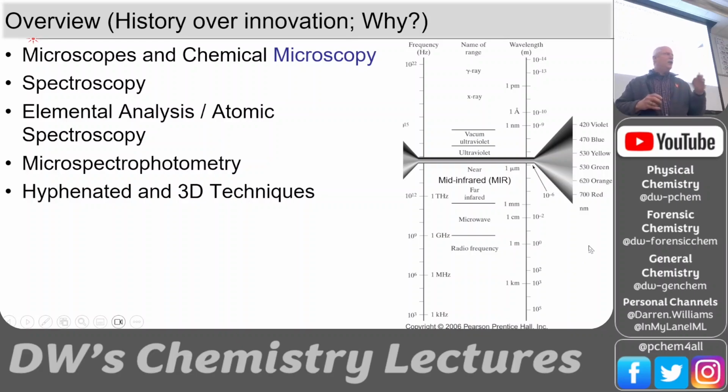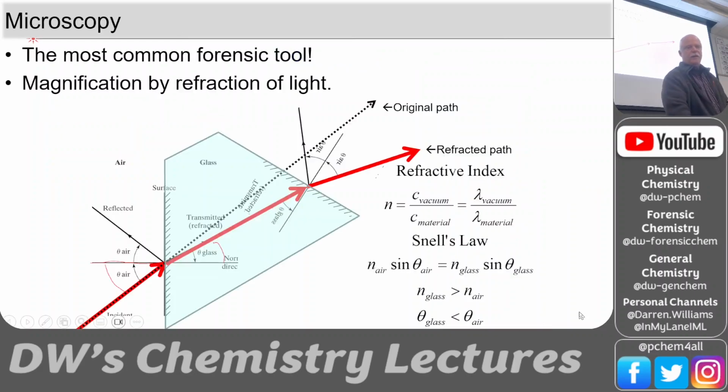We'll touch on spectroscopy, maybe refresh your memory on some of those things. We'll look at elemental analysis and specifically atomic spectroscopy, and then microspectrophotometry. So we take a spectrometer and attach it to a microscope. It's a really powerful technique that's very common today. And then hyphenated and 3D techniques.